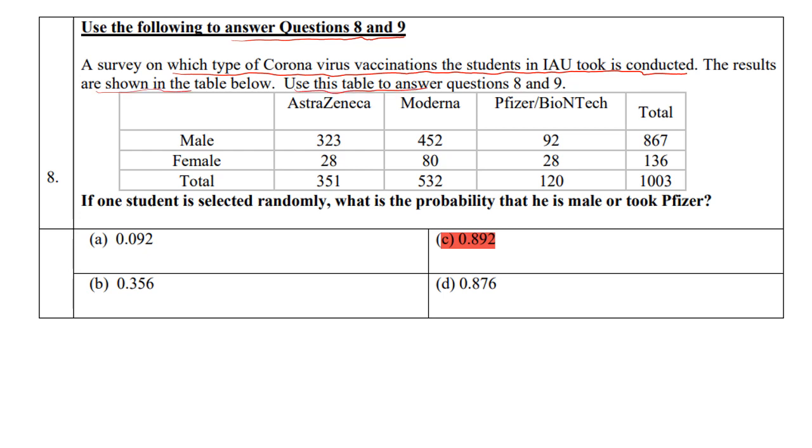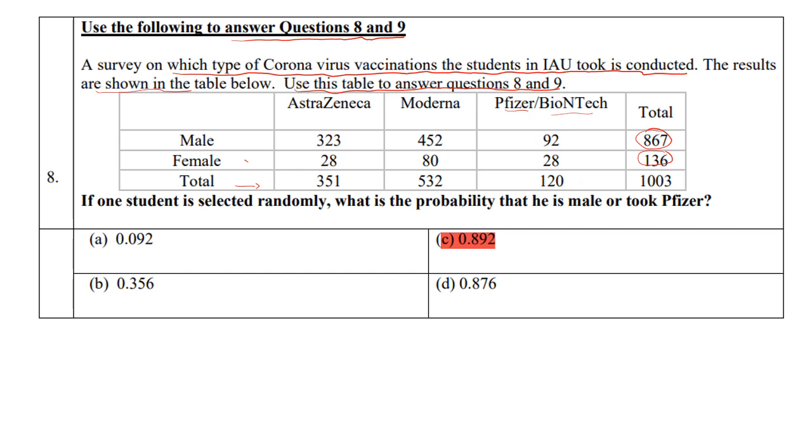So here are the male students, and 323 of them took AstraZeneca, 452 took Moderna, and 92 took Pfizer-BioNTech. In female students we have these numbers, and this row is giving you the totals of the vaccination types. And this column is giving you the total of the males and the total of the females.